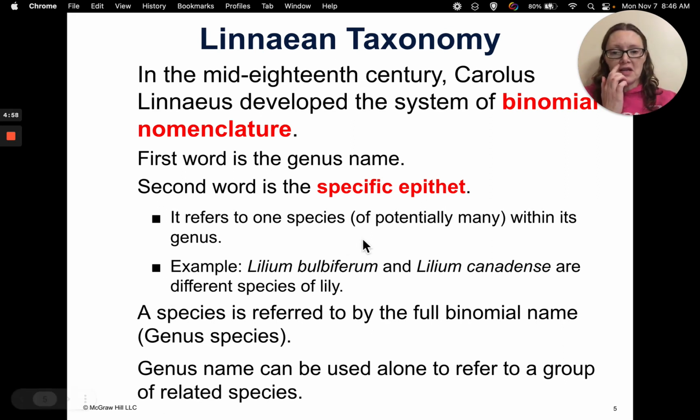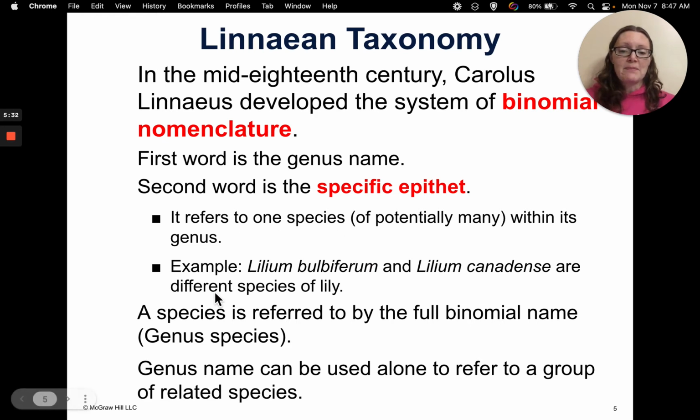Now if you look here, this is the correct way to write a scientific name, which is really important. We have our genus here, Lilium, and we have our species over here, bulbiferum. So Lilium is the genus, bulbiferum is the species. The genus is always capitalized and the species is always lowercase. The entire name is italicized. If you're writing this on paper, then it would be underlined, because you could try to italicize it on paper, but it's easier to just underline it.